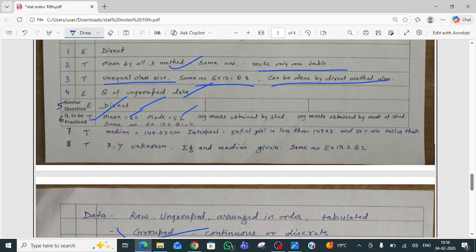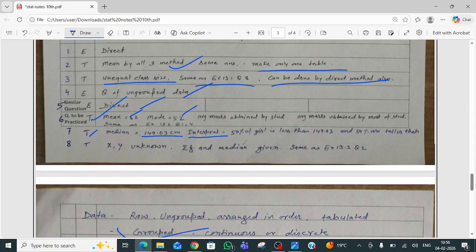Now, the seventh question is tricky because they are asking for interpretation of the median. Here only in one place the interpretation is given. Let's say the median came this much. What are you understanding from this?